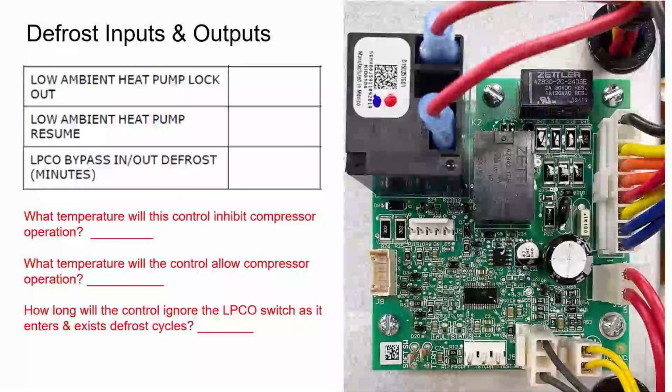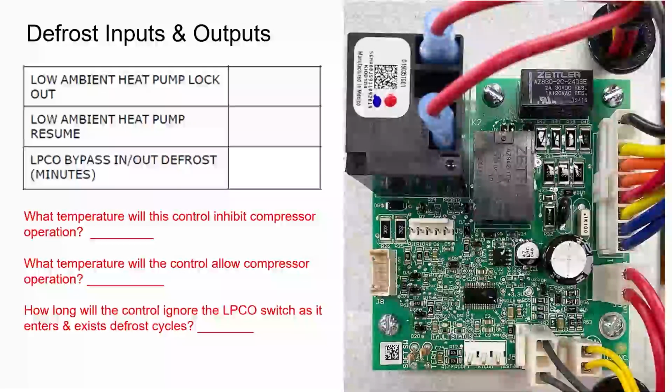Now, low pressure bypass. It's not uncommon to have a low pressure switch trip when we're coming in or out of defrost. On the early models, we bypassed for 1 minute, and we found out that that wasn't really long enough. So in about 2017, I believe, we changed that low pressure bypass in and out of defrost to 3 minutes.